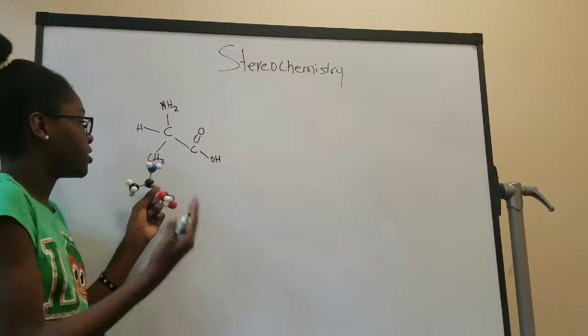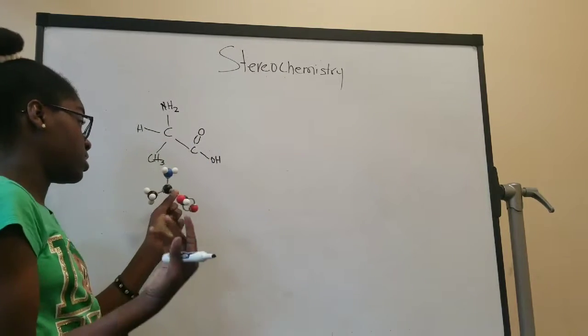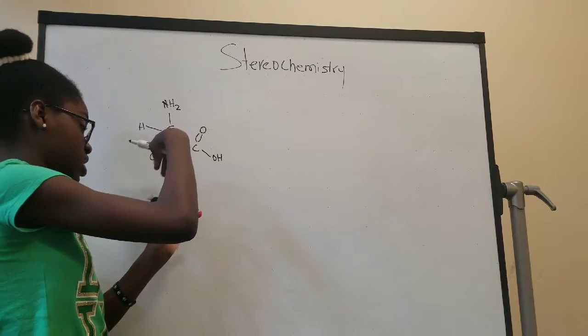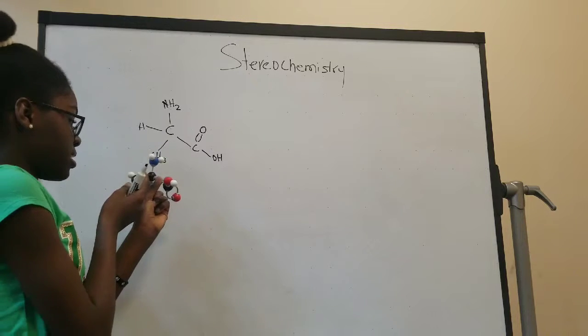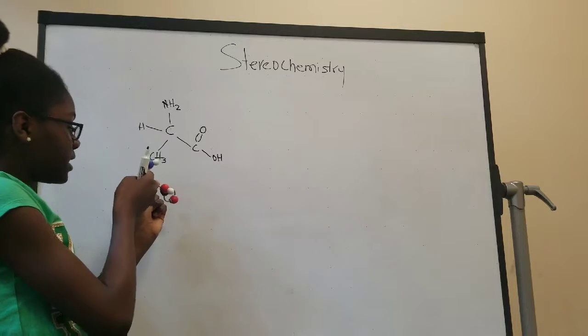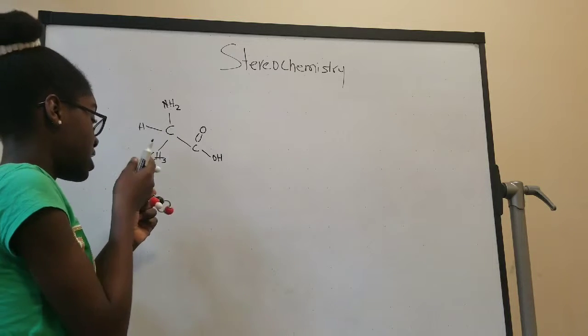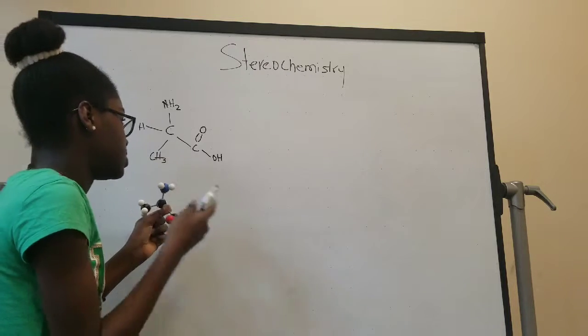Like I said before, the reason why this cannot represent this very well is because this hydrogen is directly behind the carbon, and the methyl group is in front of it, and the amine group and the carboxylate group are adjacent to each other.